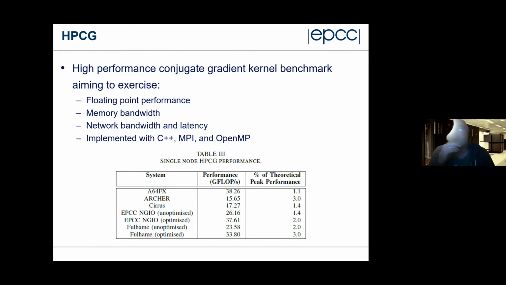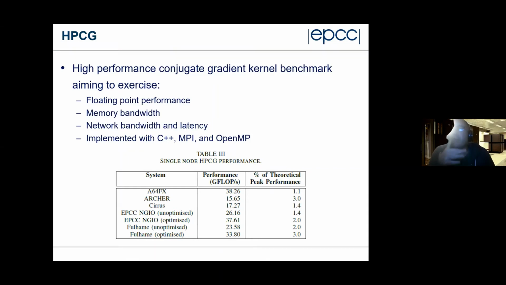Interestingly, we've got a couple of different results for the two systems at the bottom, what we call the EPCC NGIO system and the Fulhame system. Fulhame is the ThunderX2 one, and EPCC NGIO is the Cascade Lake system we have access to.